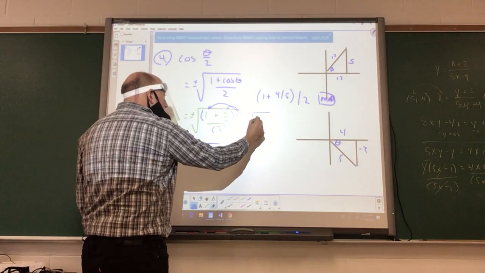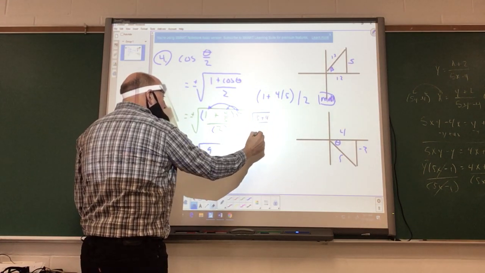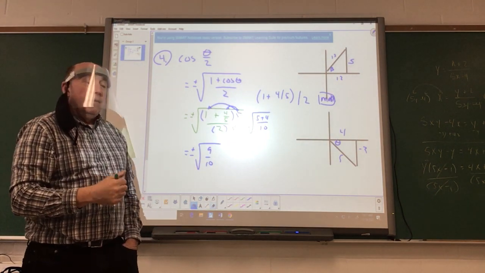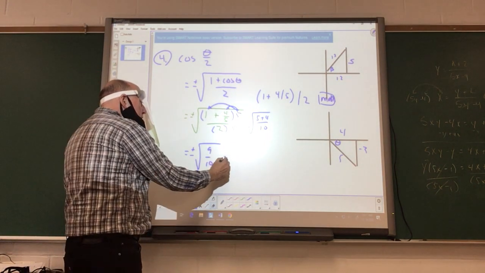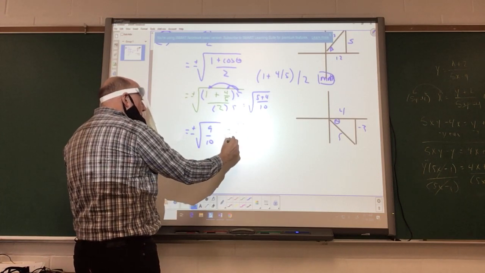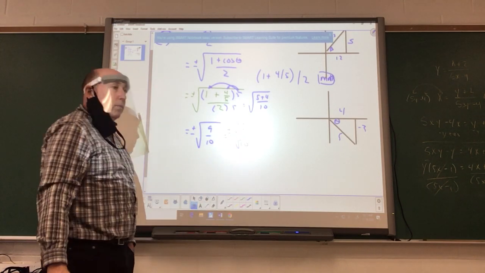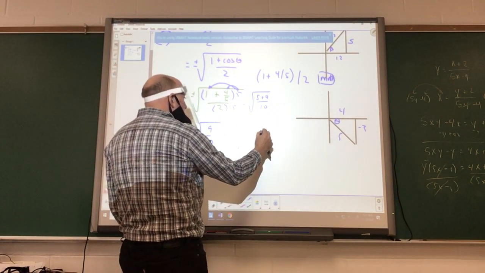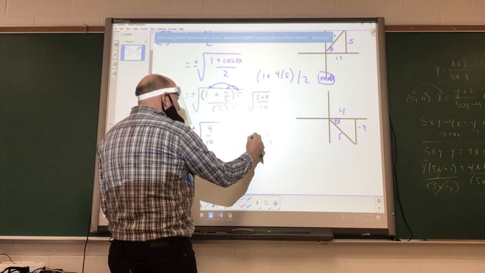So we have plus or minus 5 plus 4 over a value of 10, and we get our 9/10. Either way is correct. But now this becomes an algebraic skill. Square root of 9 over square root of 10, which simplifies down to 3 over square root of 10, plus or minus.